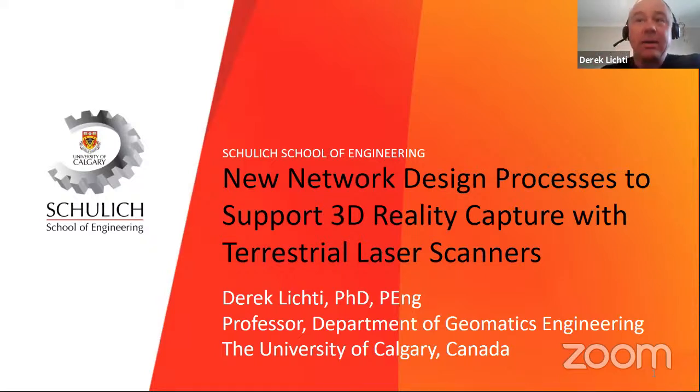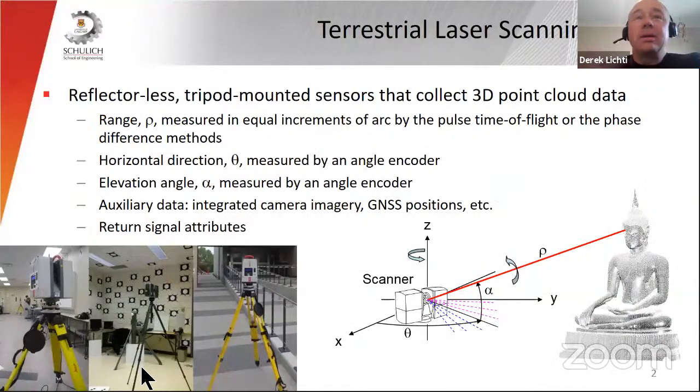I think it's worthwhile to start off by defining exactly what is meant by terrestrial laser scanning. I'm sure most people in the audience are quite familiar with it, probably more so than me, but I think it's important to have a common ground for starting in terms of terminology and notation.